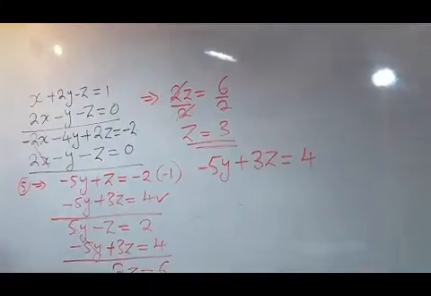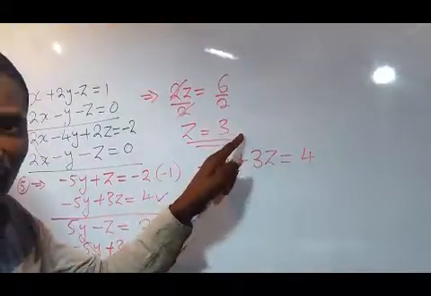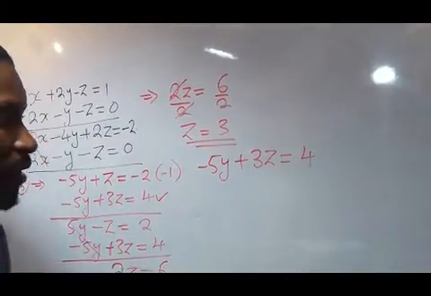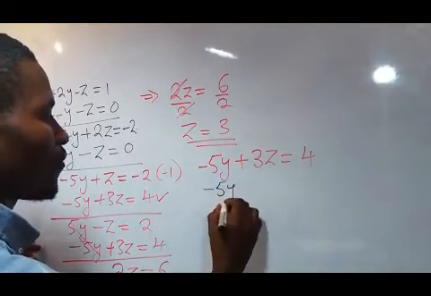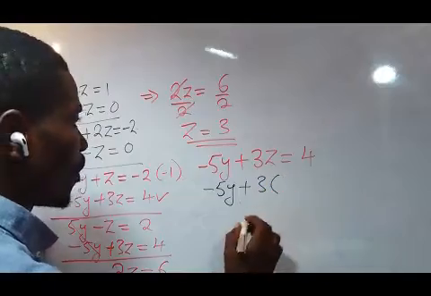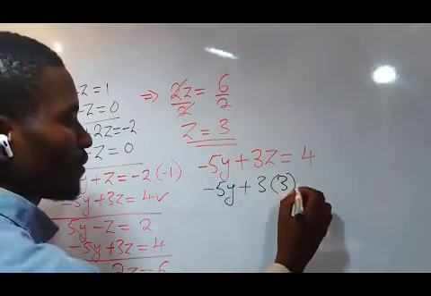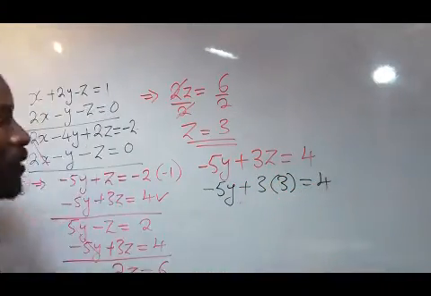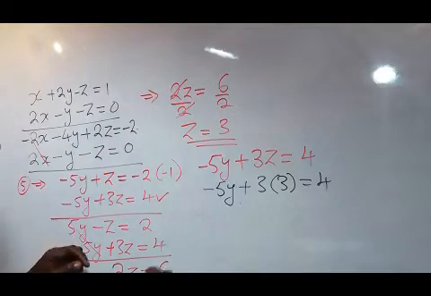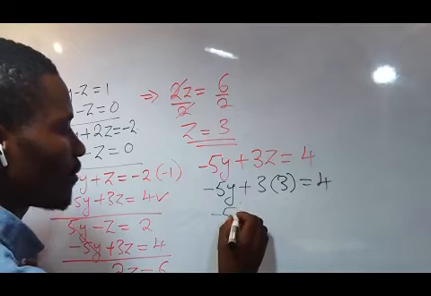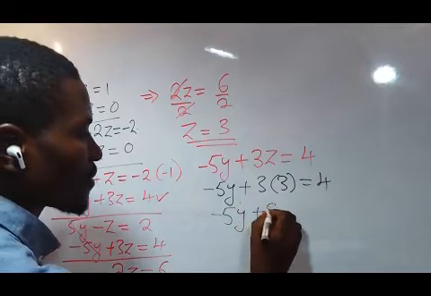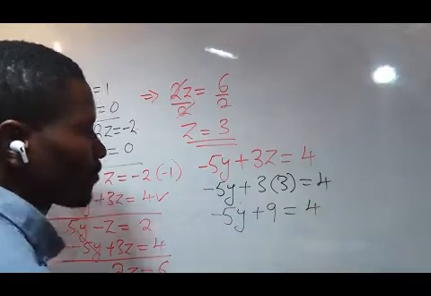Because I know the value of z, this is going to be negative 5y plus 3, open bracket, 3, equals 4. And then negative 5y plus 9 equals 4.